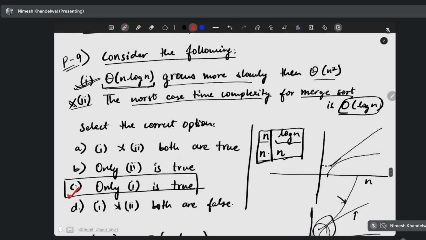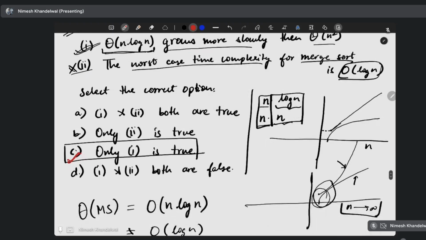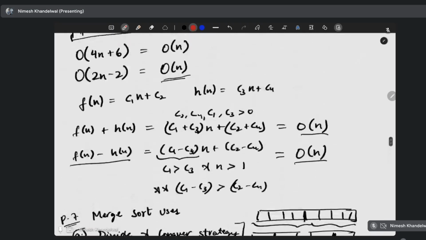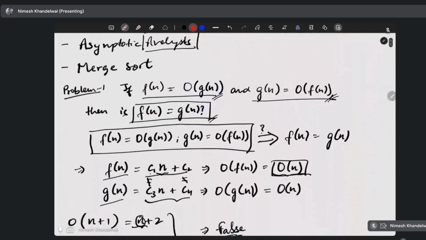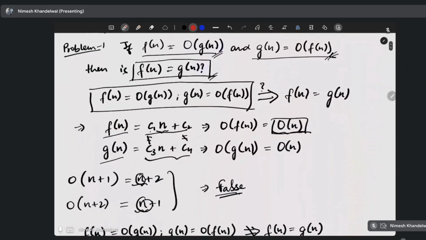So I think we can try to go over the problems again. I will just quickly go over them. So the first problem, in this we understood that if the asymptotic complexities of two functions are equal, that does not mean that the functions themselves are equal, right?